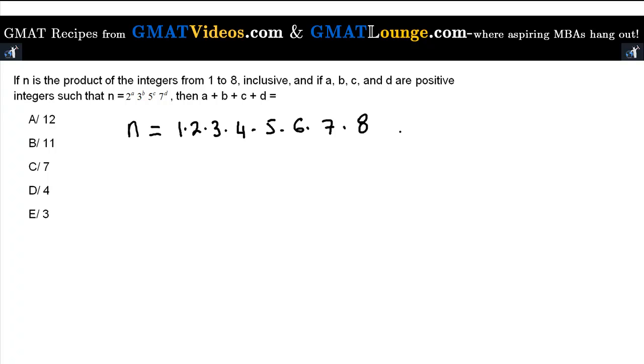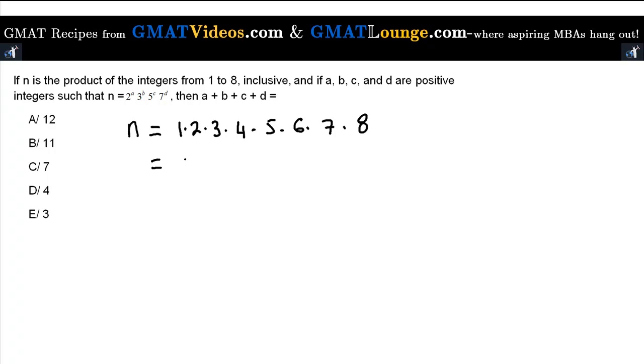Now what we want to do here is to break down all these integers into prime numbers. Because of that, we can actually drop the 1, because remember 1 is an identity. Any integer multiplied by 1 gives you the same integer, so we can drop 1.